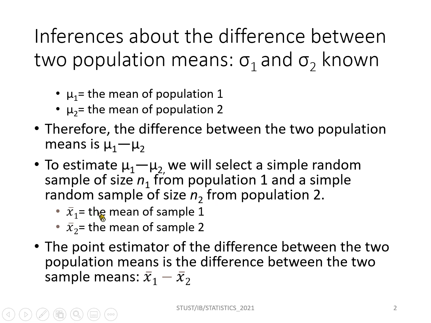For example, x1 bar is the mean of sample 1 and x2 bar is the mean of sample 2. So if I ask you what's the difference between the two populations when you use such sampling, you can use x1 bar minus x2 bar as the estimator of the difference between population 1 and population 2.